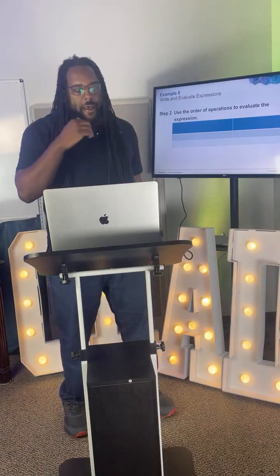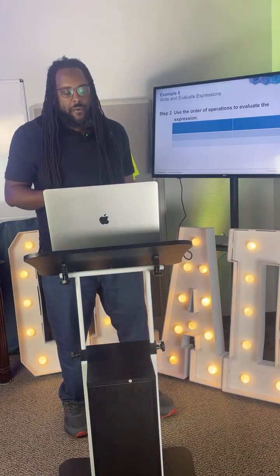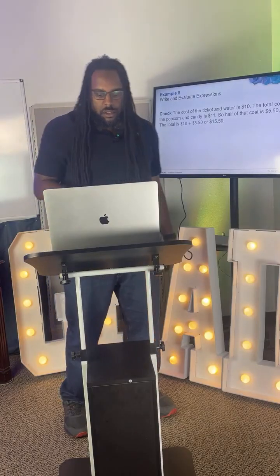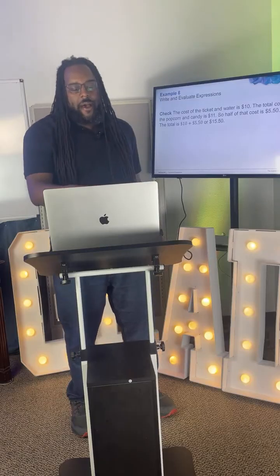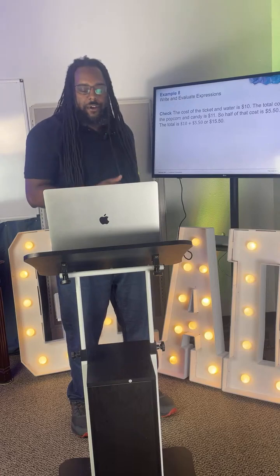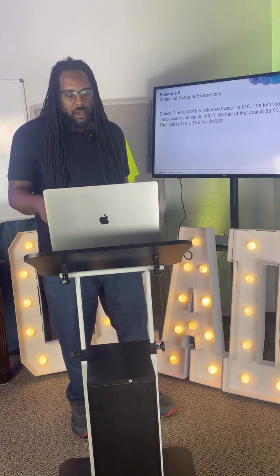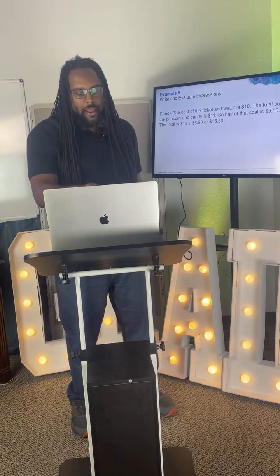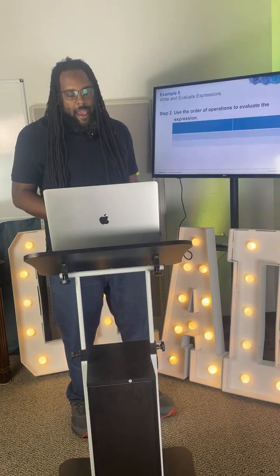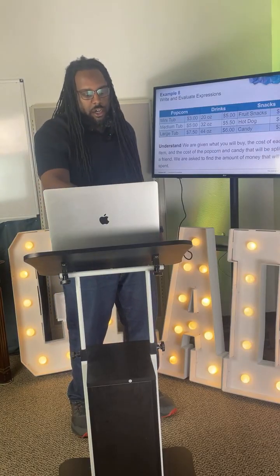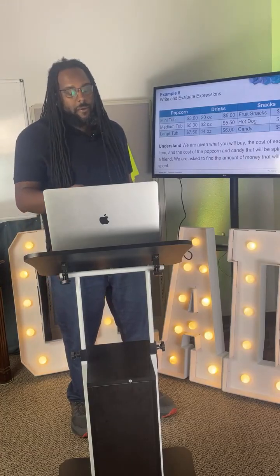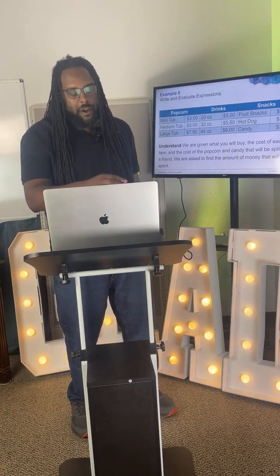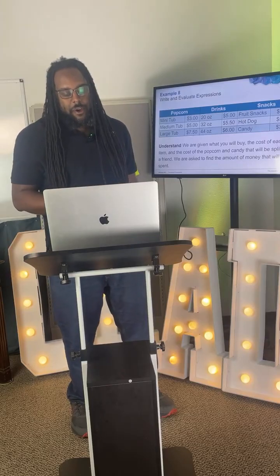So now let's think about the order of operations to evaluate this expression. We can figure out that the cost of the ticket and the water is $10. So $5 for the ticket, $5 for the 20 ounce. The total cost of the popcorn and the candy is $11 if we add the large tub at $7.50 and the candy at $3.50.